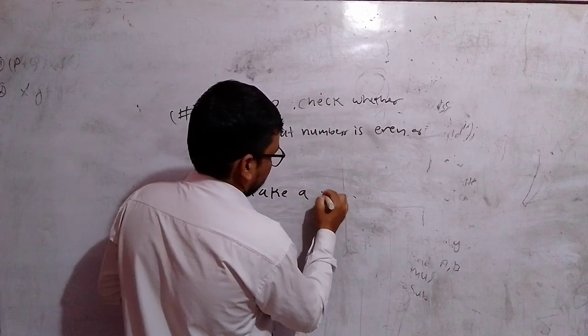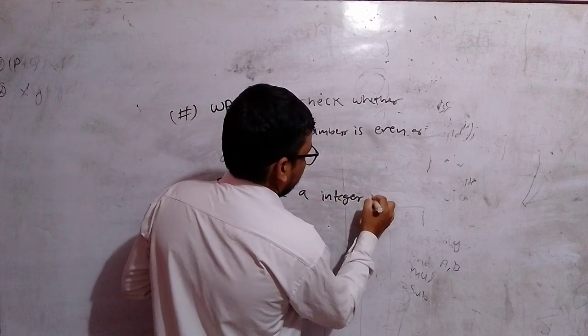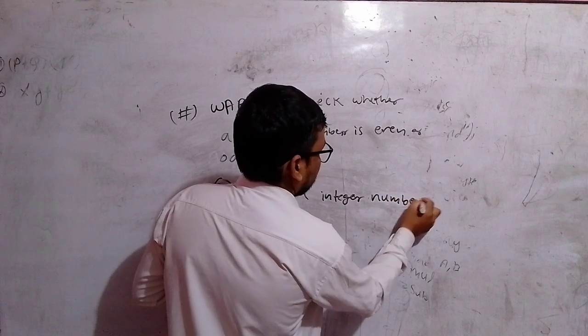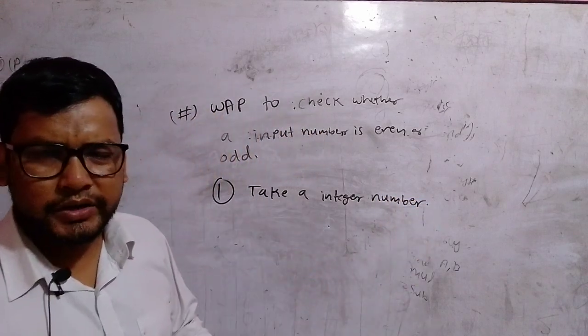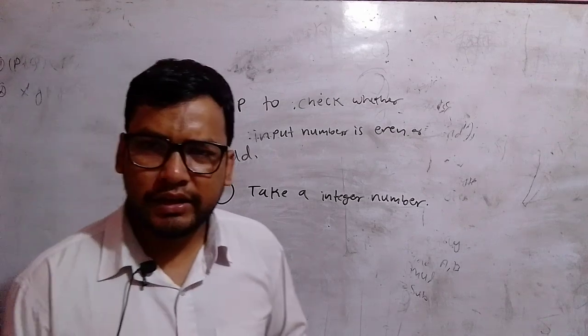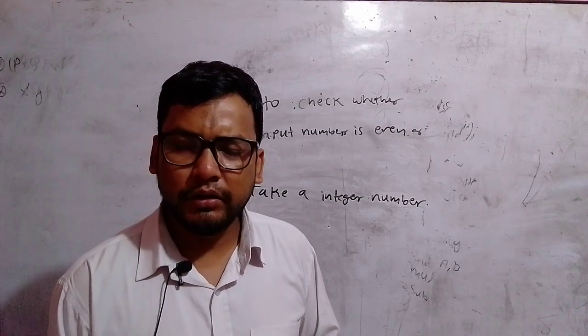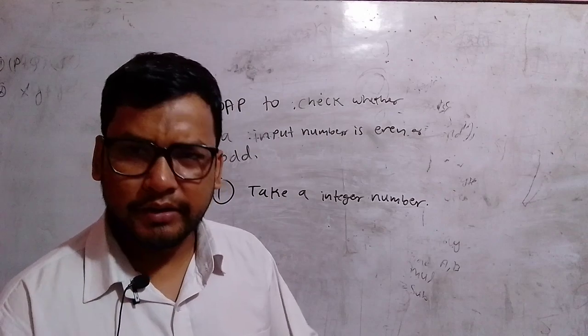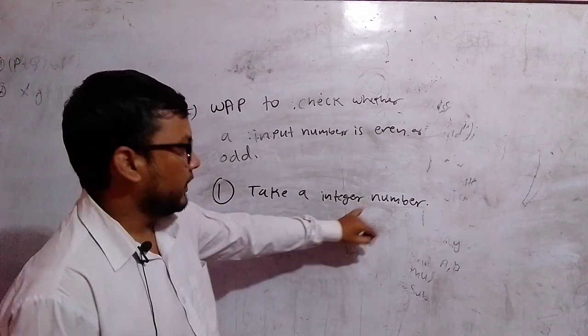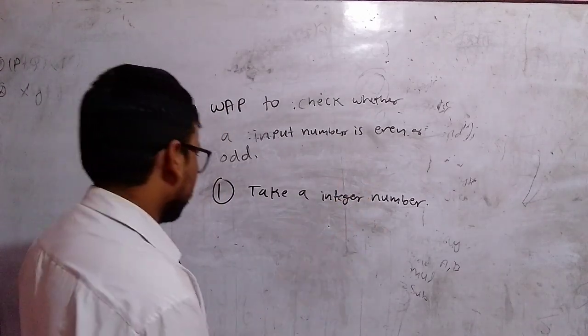take an integer number. To check any number, whether it is even or odd, we first of all need that number. Take an integer number, input integer number.